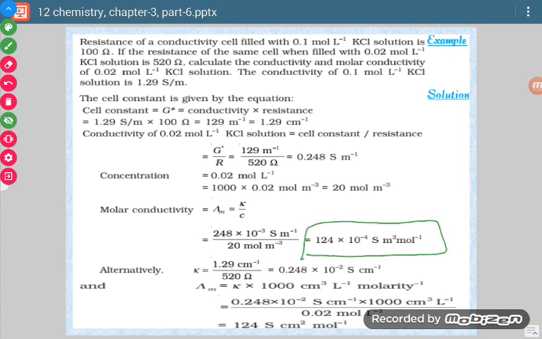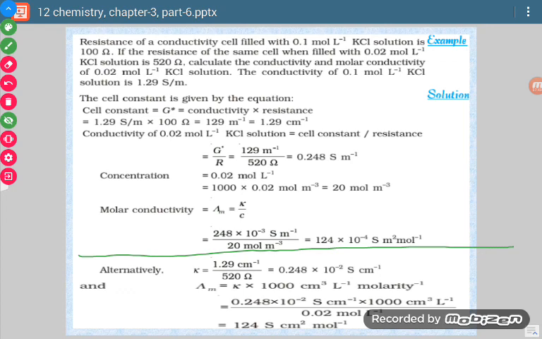Okay, so this is one of the ways, and in the second way, we calculated kappa by putting the values like this: 1.29 per centimeter divided by 520 ohm. Then the value comes out to be this much for kappa.